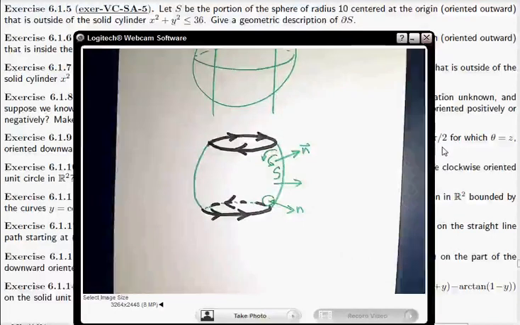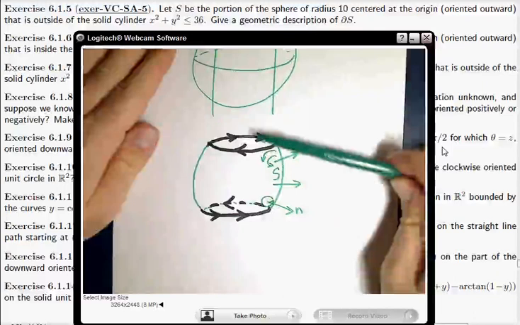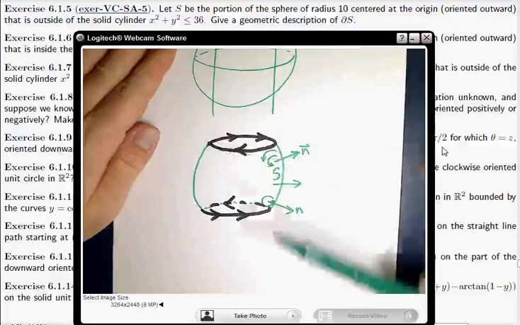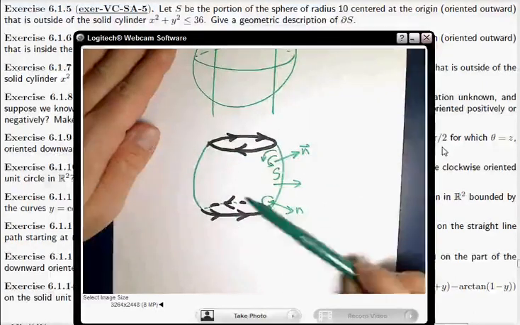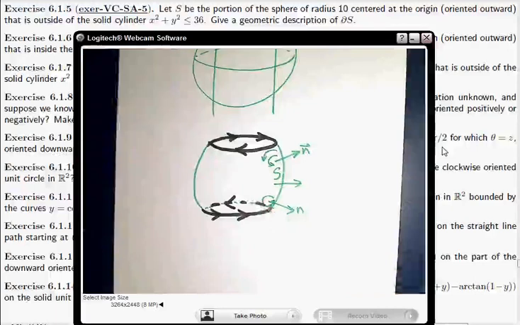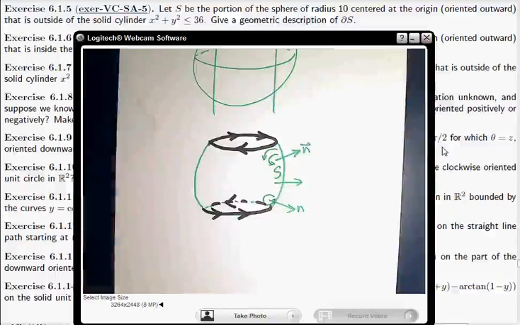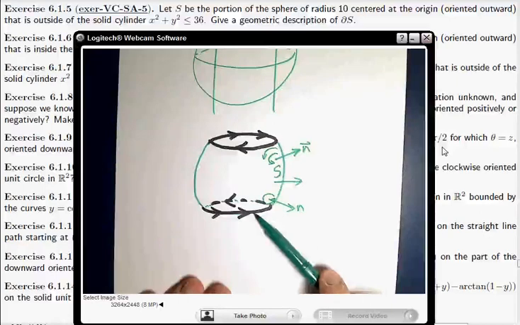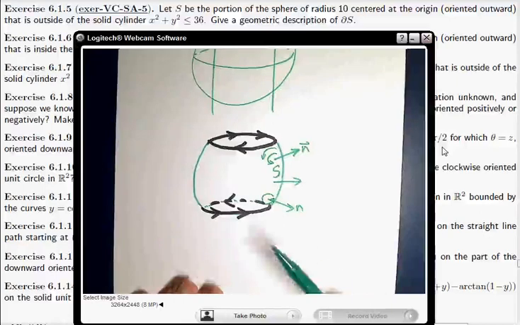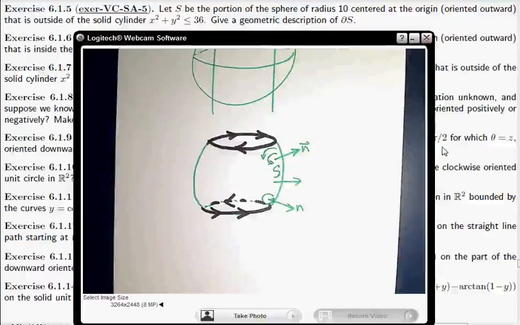You know what I mean? Because as seen from above, this one was going clockwise. But as seen from above, this one's going counterclockwise. And that's just because it's on the bottom of the surface instead of the top of the surface. So it just kind of looks backwards. Do you see how this side swipes up against that in that way? Okay. Does that make sense? Is everything good here? Everybody happy?